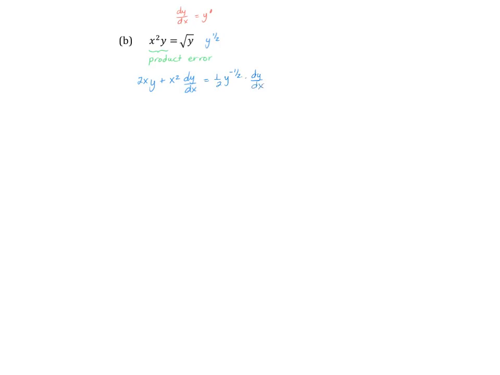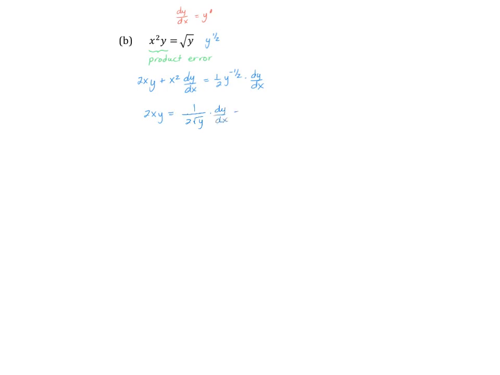Okay, so now I have to solve for dy dx. I think I'm going to move my dy dx's over to the right, because that will keep the 2xy positive. I don't like working with a lot of negatives. So I'm going to rewrite the 1/2 y to the negative 1/2 as 1/2 square root of y times dy dx.